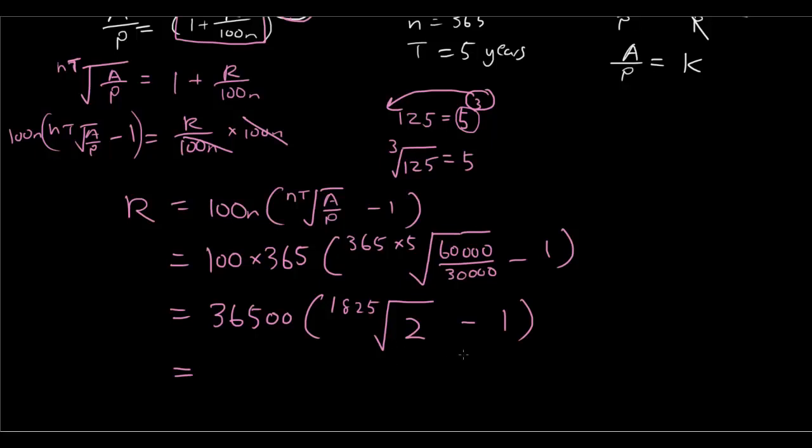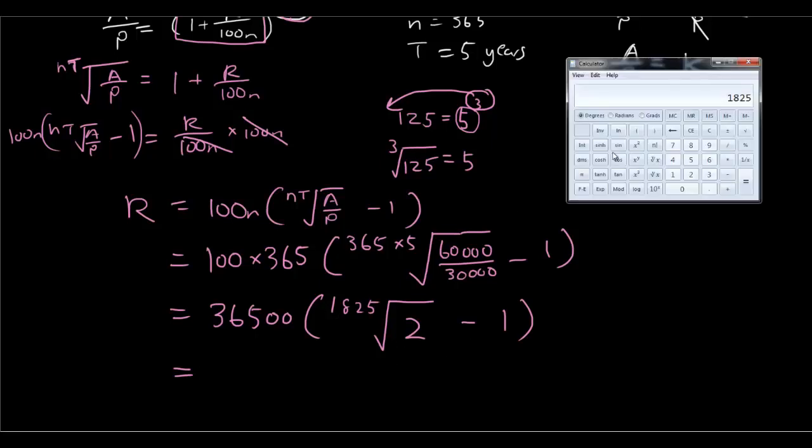Okay, so I'll do the inside first. So I have 2 and the root button here, and then 1825 minus 1.